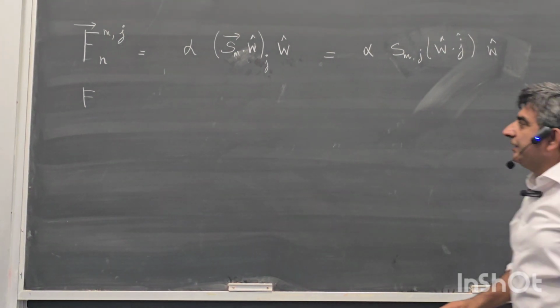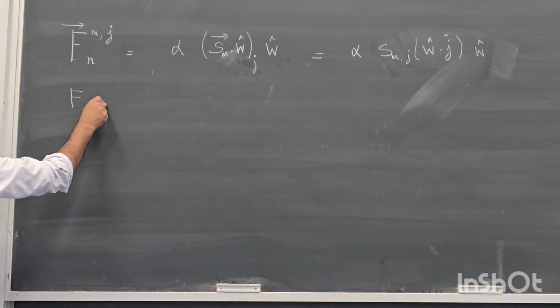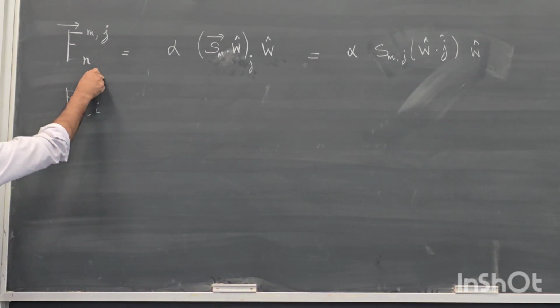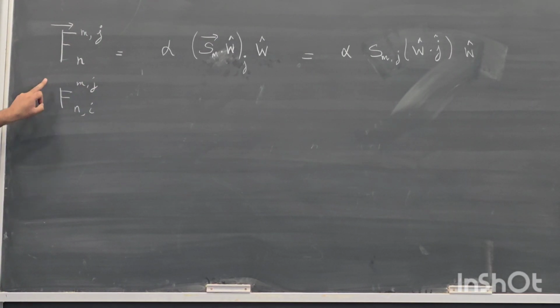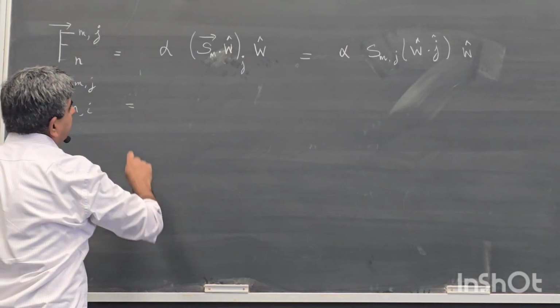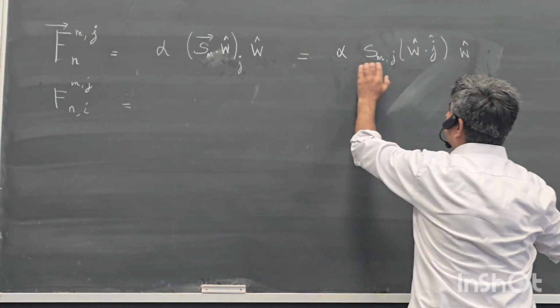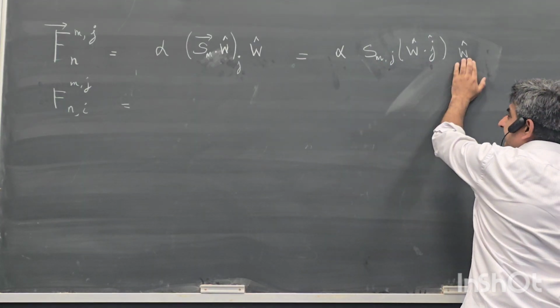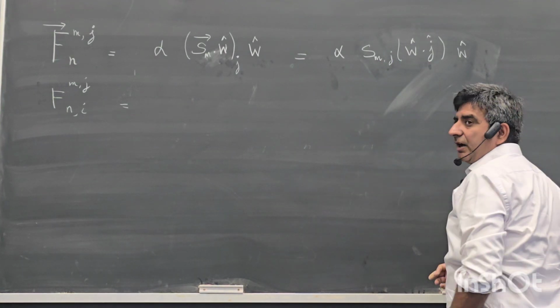Okay, finally we would like to find the component of this force along the i direction. So now I remove this vectorial sign. All of this is a vector. This is a magnitude, magnitude, magnitude, and this is a vector. So I need to take the projection of this entire vector along i.